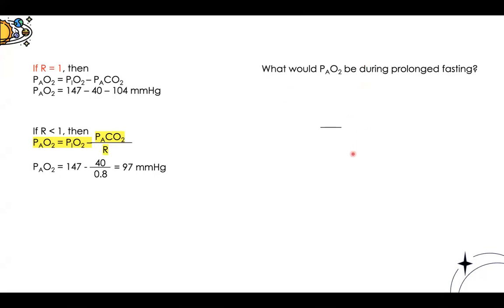During prolonged fasting, I don't know if you've taken this in mole yet, but you use fats. I think you still need to take it, but you use fats during prolonged fasting. And for fats, our R was 0.7. So now we plug that into this equation. Can somebody calculate what the oxygen alveolar partial pressure would be if our R is 0.7? You already have all the values you need. You just need to plug it into the equation.